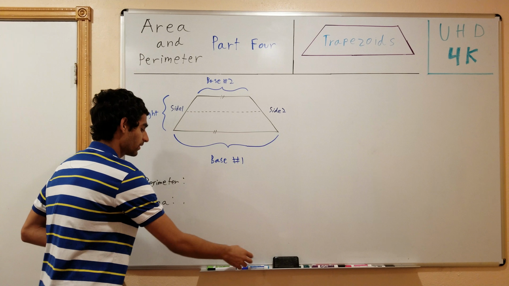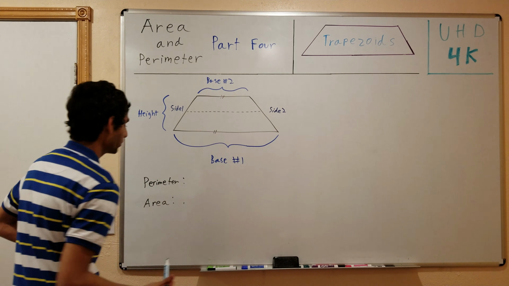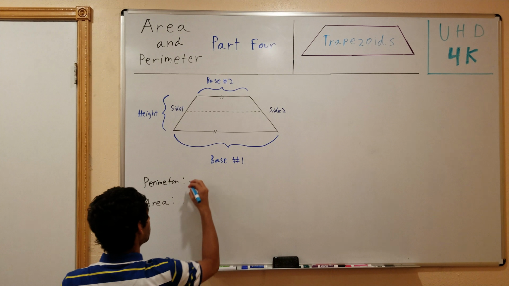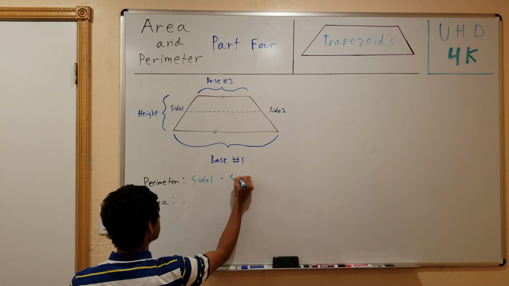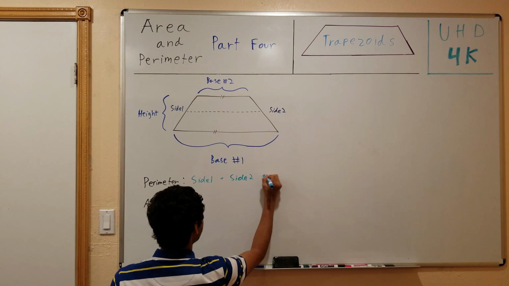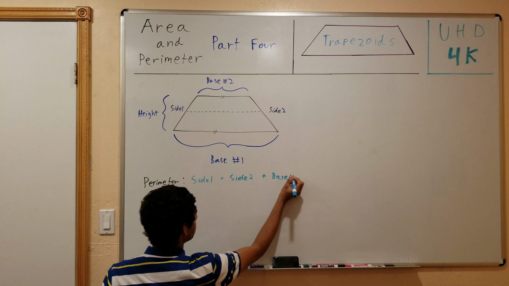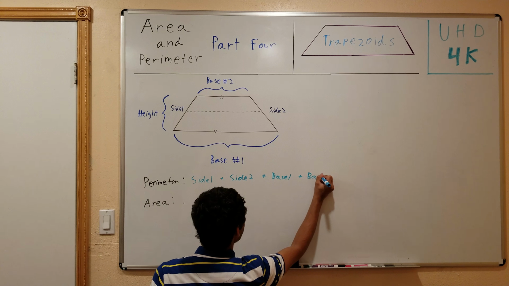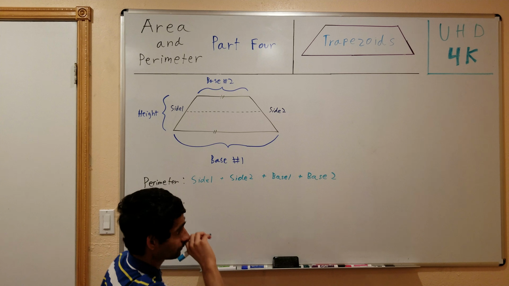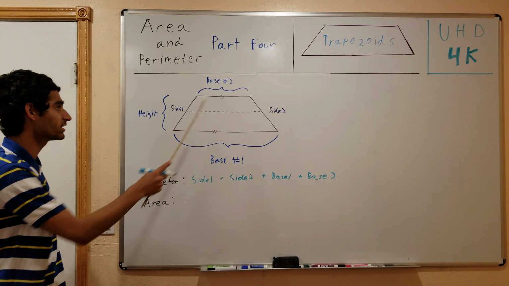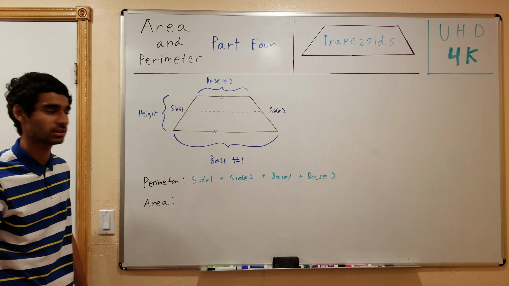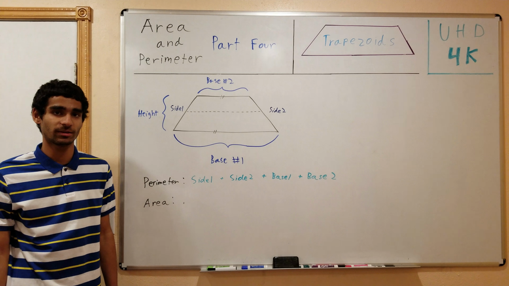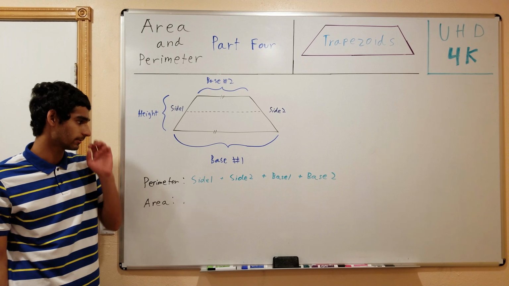So to find the perimeter of a trapezoid, it's simply going to be side 1 plus side 2 plus base 1 plus base 2. So as you can see, you're simply just adding up 1, 2, 3, 4, all the sides. Pretty simple. Kind of like how you find the perimeter of a rectangle or a triangle.